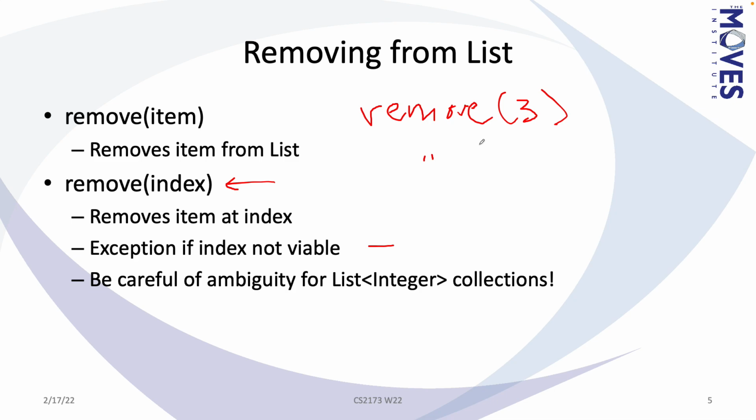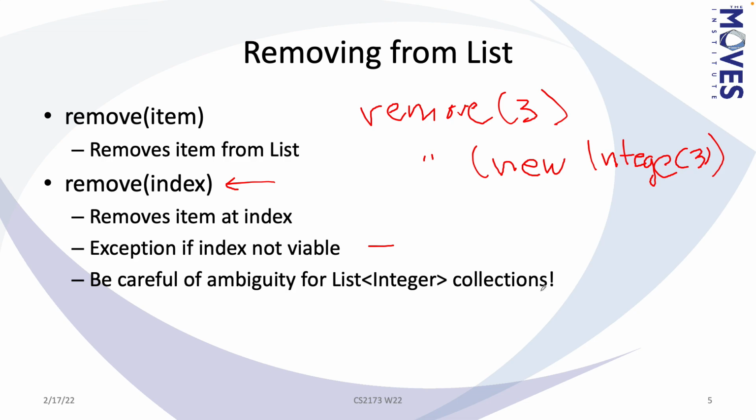Instead, if I mean to remove the item at 3, then to make it absolutely clear that that's what I mean, I want to wrap it like this. And there's no ambiguity here, because it'll say you're trying to remove an Integer object, and then it's absolutely clear you want to remove the integer 3 from that container and not the item at index 3.